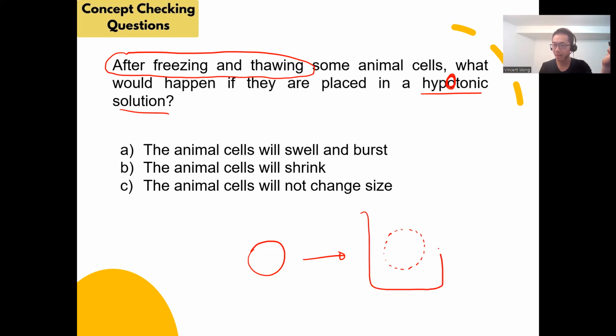It doesn't matter what you put it in after: isotonic, hypertonic, hypotonic. The water going in and out will be the same because it's full of holes now. Okay? There's no regulation. That's why the animal cells will not change size. Do you understand what I'm trying to get at here?